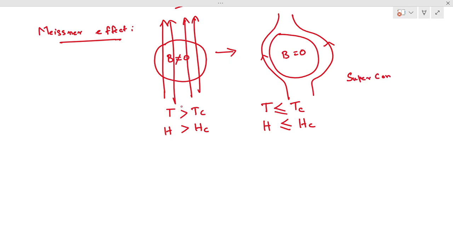So, this is the property possessed by the superconducting material when the temperature and the magnetic field are less than or equal to their critical values.